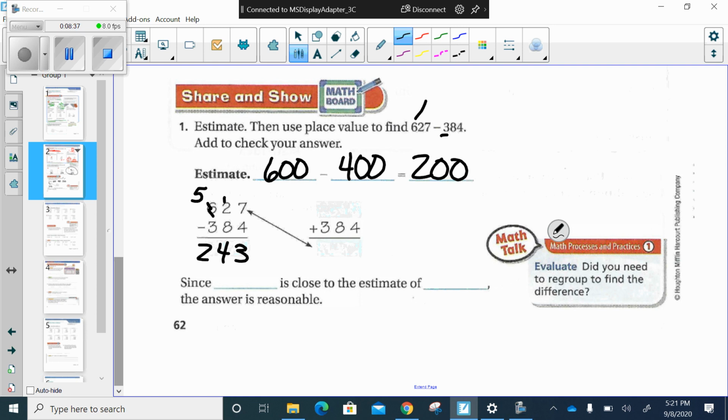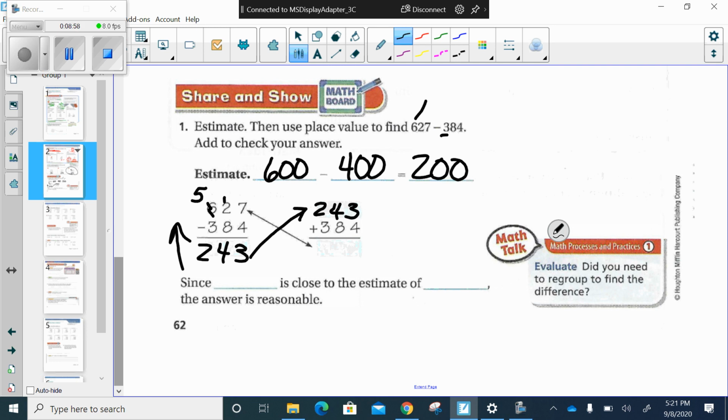So if I did that, remember I'm going to put my answer at the top. We're going to go backwards. We're going to go up now instead of down. So 243 plus 384, because when you're going backwards, you're going to do the opposite operation.